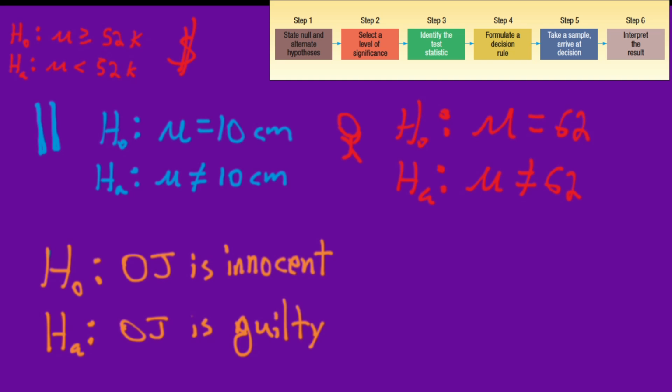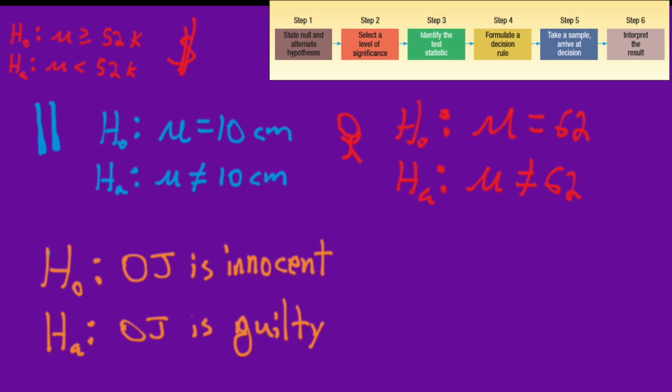The chopstick example, we wanted to test whether our chopsticks were coming out at 10 centimeters. We looked at somebody making a more outlandish claim that the mean height was only 5'2" on campus, and then the last one, the orange one down here, that OJ is innocent. Obviously we're not going to test that with our methods, but we'll turn to that to discuss what we're going to do next.